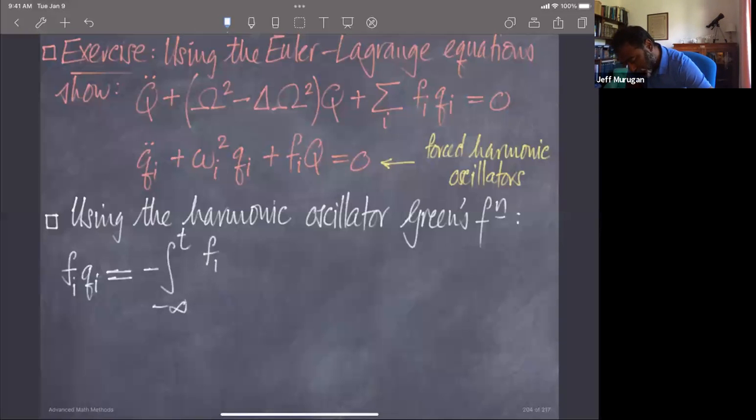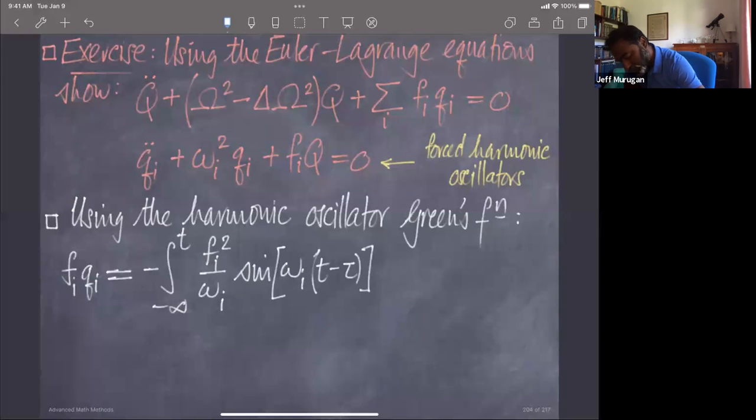So it's Fi squared over omega i sine of omega i times (t minus tau) q of tau d tau. Okay, so that's the solution for the whole n oscillators in the bath.